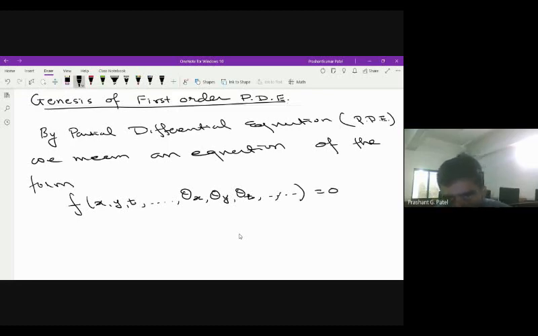Or it may also contain theta x, t, and so on. Theta x represents del theta by del x. So theta is actually a function of x, y, z, and t.